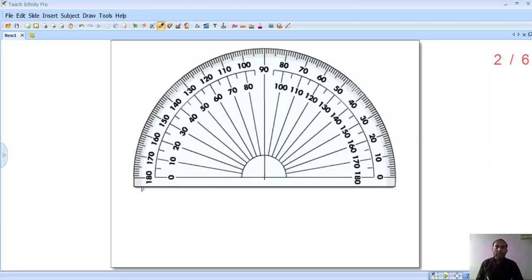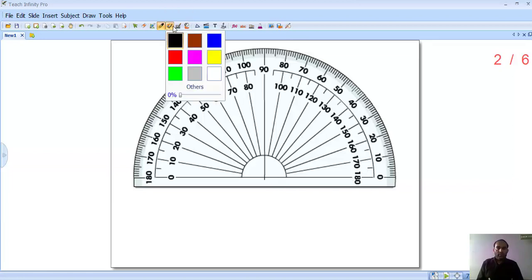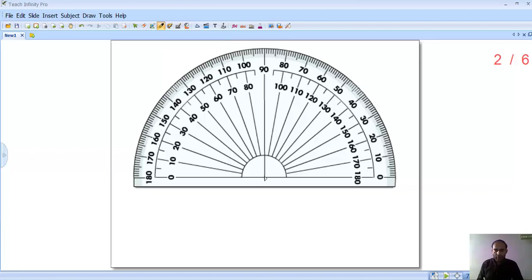This is a protractor, and now you can understand why we call this a D, because its shape is like a D. The second thing is the two things you should know: the middle point of the protractor and the reference line, or the zero line, or you can say overlapping line. This is the midpoint of the protractor.